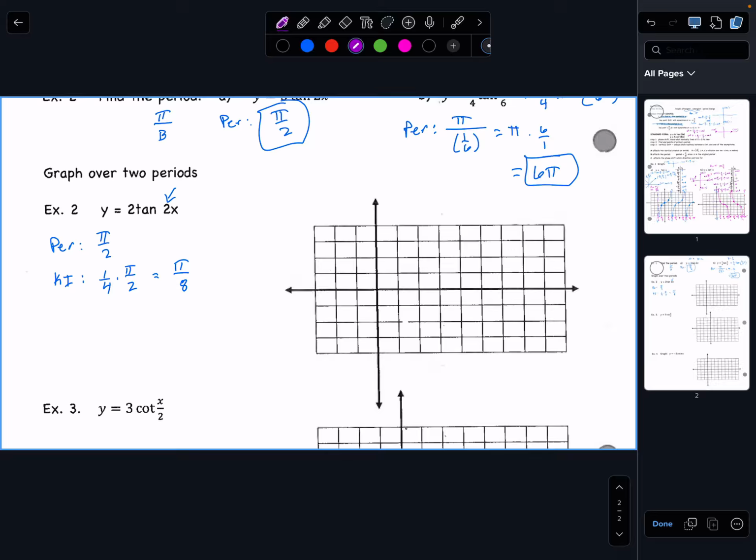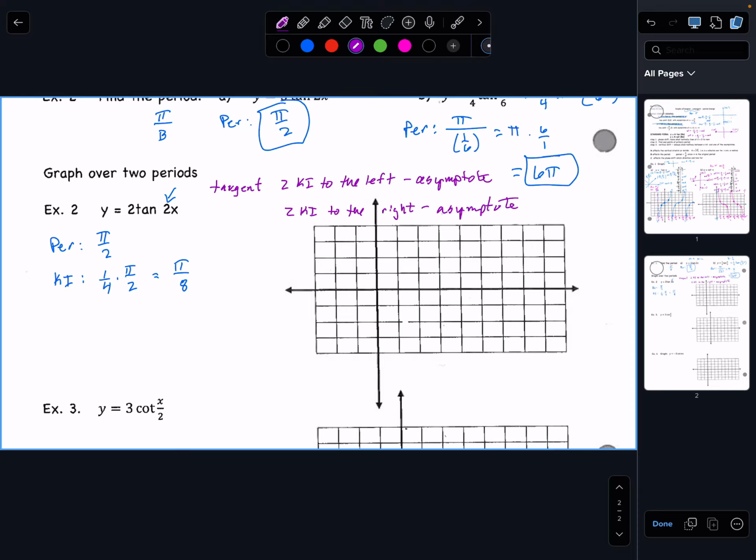With tangent, two key increments to the left, there is an asymptote. And 2 key increments to the right, there is an asymptote.